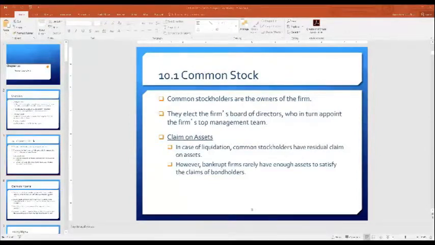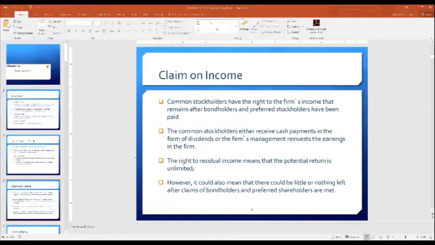Now, for the claim on income, so common stockholders have the right to the firm's income that remains after bondholders and preferred stockholders have been paid. So later on, we will discuss ano bang meron kay bondholders at saka kay preferred stockholders kasi it is completely different from common stockholders.